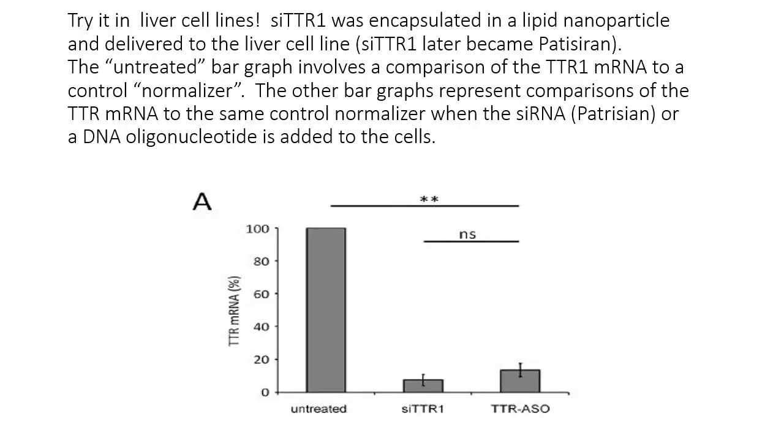Okay, so here's an example in cell lines where we're looking at the percent starting material on untreated cells, where we're setting whatever that amount of RNA is as being 100% basically. So the treated cells are ones where we've delivered either the double-stranded RNA, the siTTR, or the TTR DNA oligonucleotide to those cells, and then measured the relative amount of RNA there after a certain time.